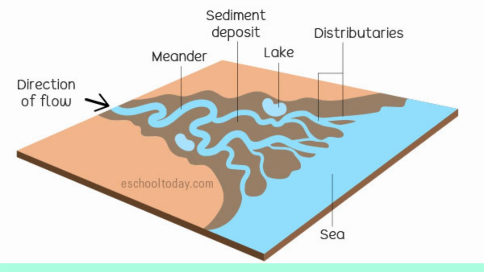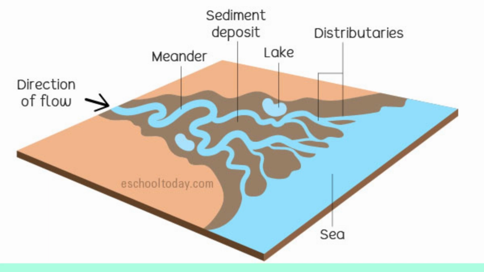The delta is a depositional fluvial landform, and it occurs because the energy of the river decreases significantly when it reaches the sea and the two bodies of water are opposing each other.